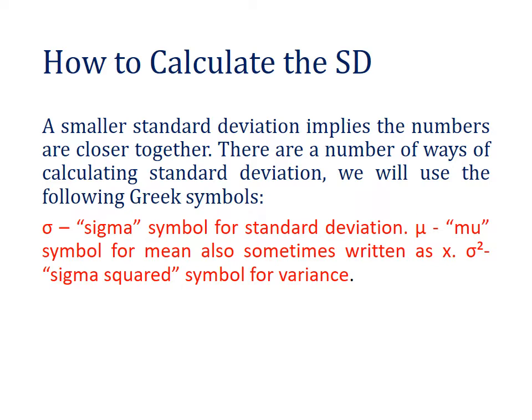Before discussing the standard deviation formula in detail with an example, we will use the following Greek symbols. Sigma is the symbol of the standard deviation, mu is the symbol of the mean, sometimes also written as x, and sigma squared is the symbol for the variance. These are the different symbols we use in calculating standard deviations.